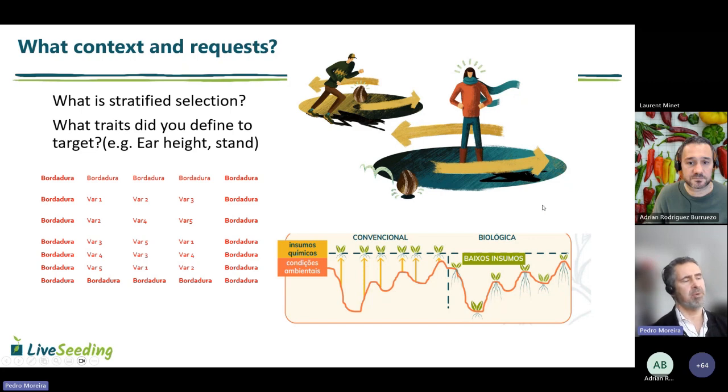Obviously, there are some varieties that could be good across locations, but others are more locally adapted. And in this case, the farmer is the center. So he makes the decisions, and he adapts the variety that is better for their eco-region.